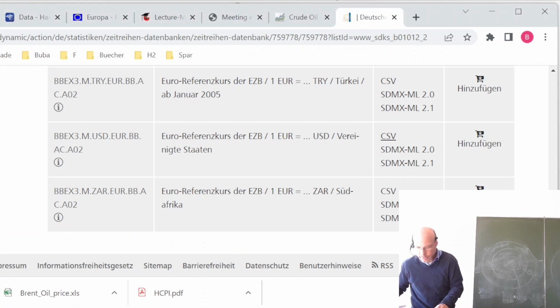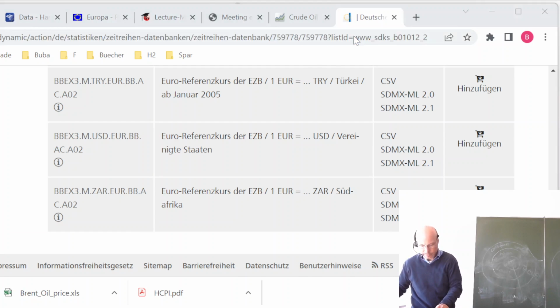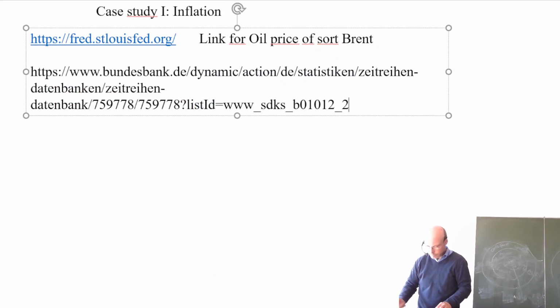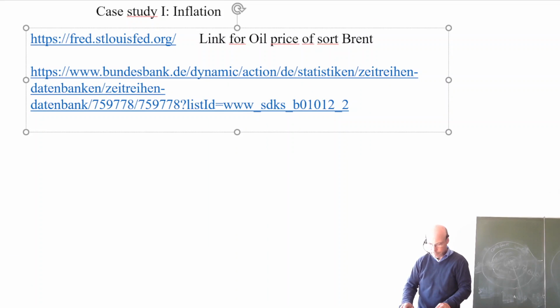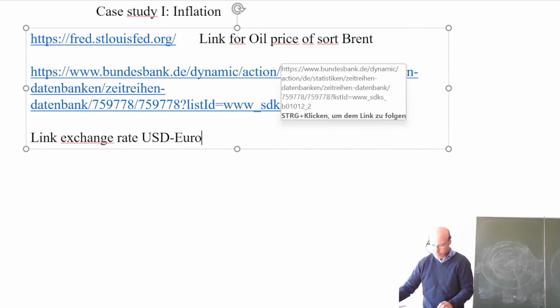Let's also take the link here. Link exchange rate US dollar and euro.